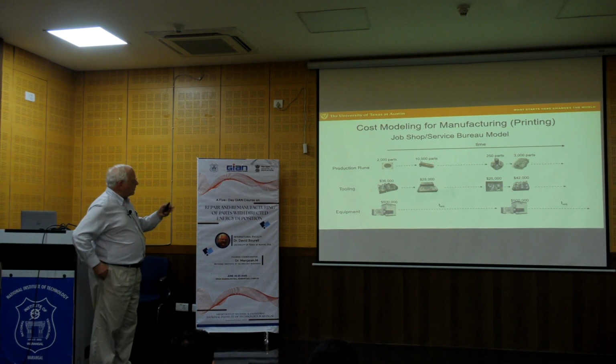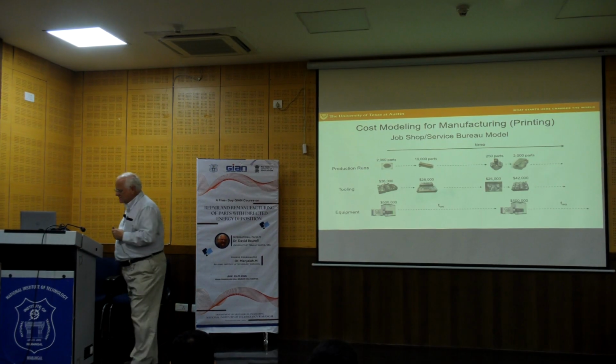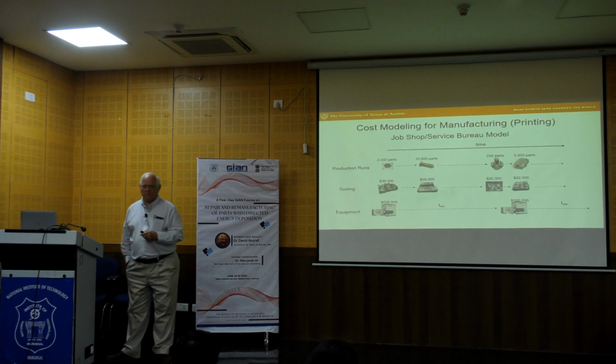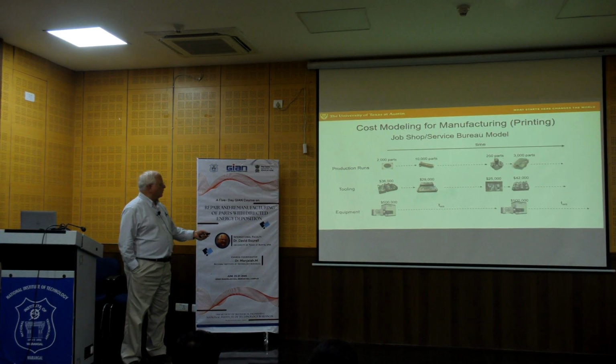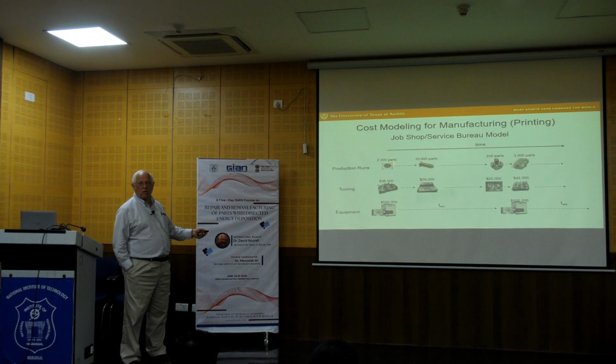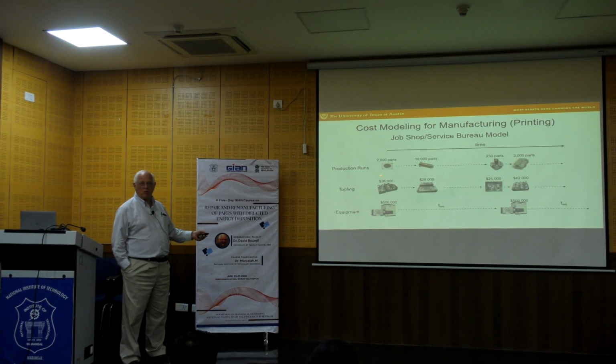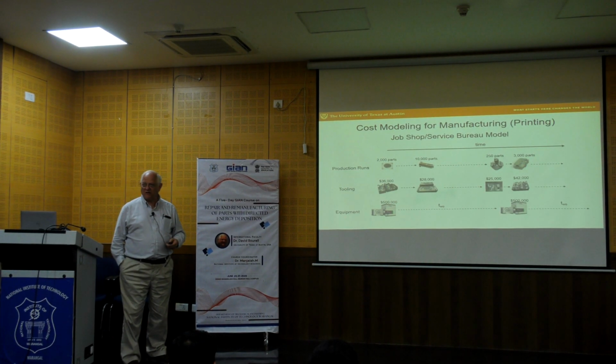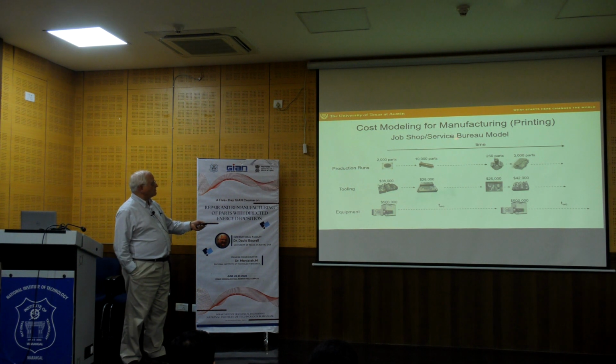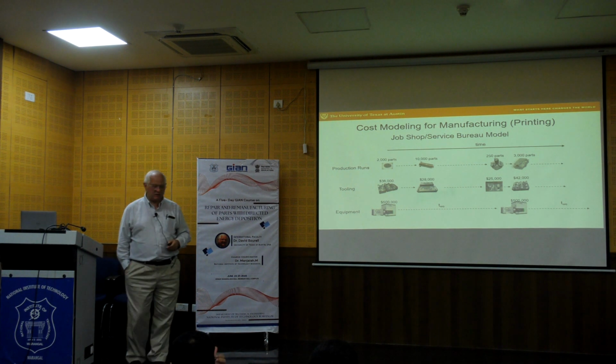Okay, so that's sort of the way that the tooling separates itself from the equipment, because the tooling cost, I have to recoup all of this cost over the part run, whereas the machine cost I can spread out over multiple parts typically, at least in the service job shop service bureau model.